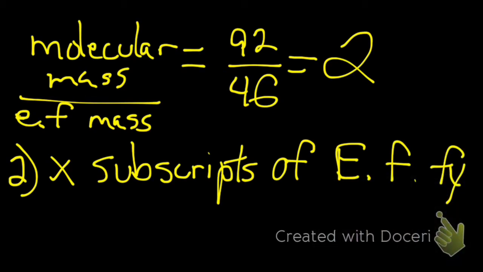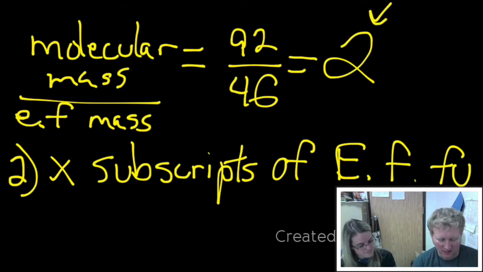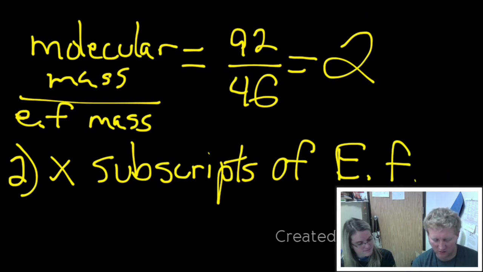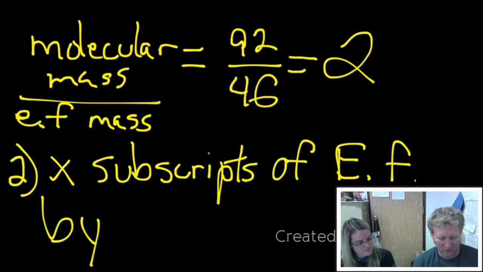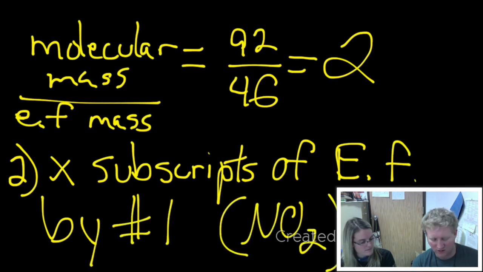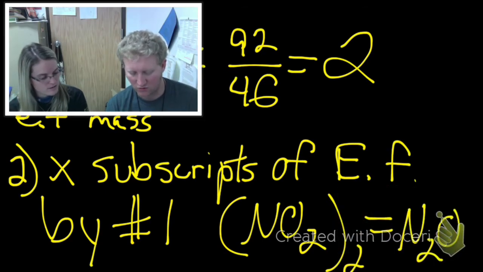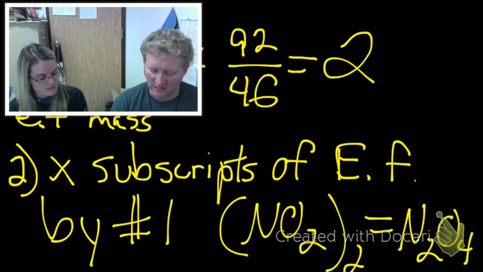Yeah, if this number was 3, we'd triple it, that sort of thing. So like you said, it was NO2. If we double both of those, it gives us N2O4. So the molecular formula would be N2O4.